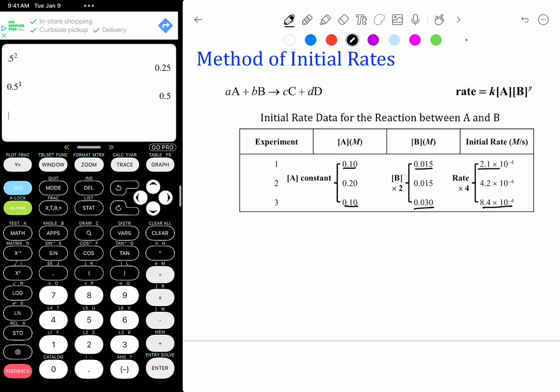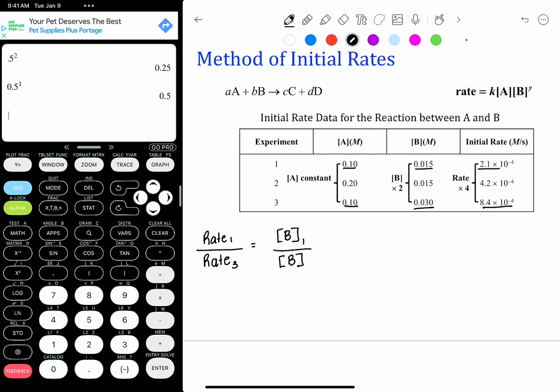So we can rewrite our little equation there as the rate of experiment 1 over the rate of experiment 3 is equal to the concentration of B in experiment 1 over the concentration of B in experiment 3, all raised to the y.